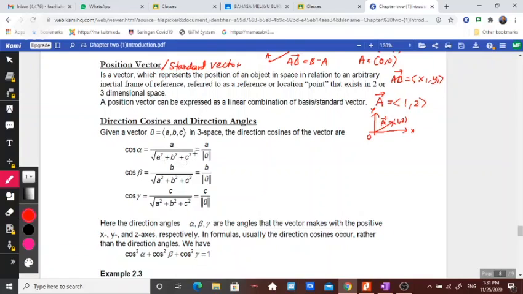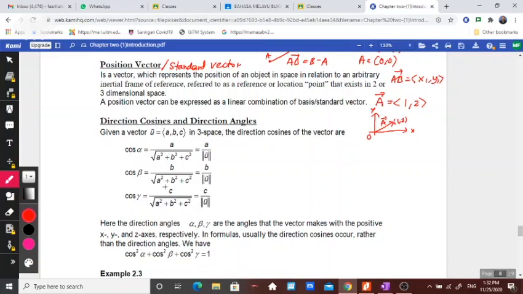This is the magnitude of vector u. So we can write cos alpha equal to a over magnitude u, cos beta is given by b over magnitude u, and cos gamma is given by c over magnitude u.